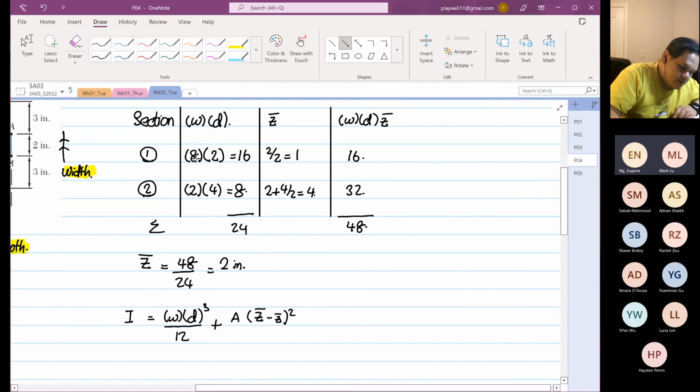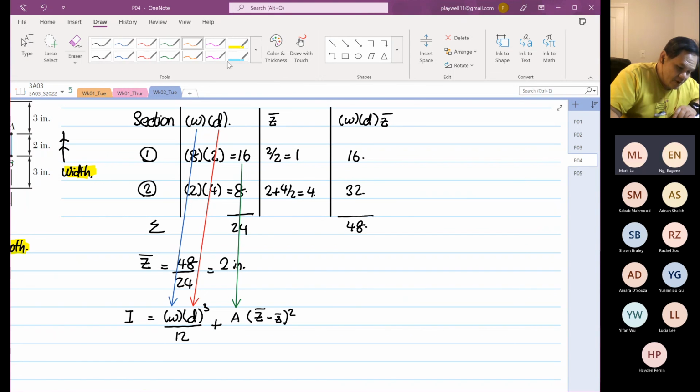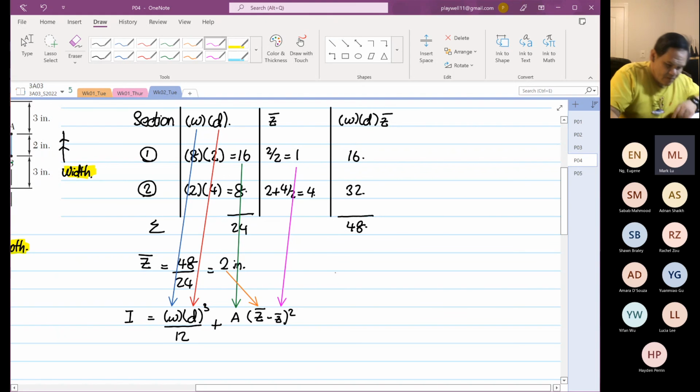You can see that this is your width. Over here, the next one, this is your depth. And then the next one, you can see that this is your area. And then you can apply that this is your big Z bar. And finally, this is your small Z bar. Okay. So all these are all available on your table already.